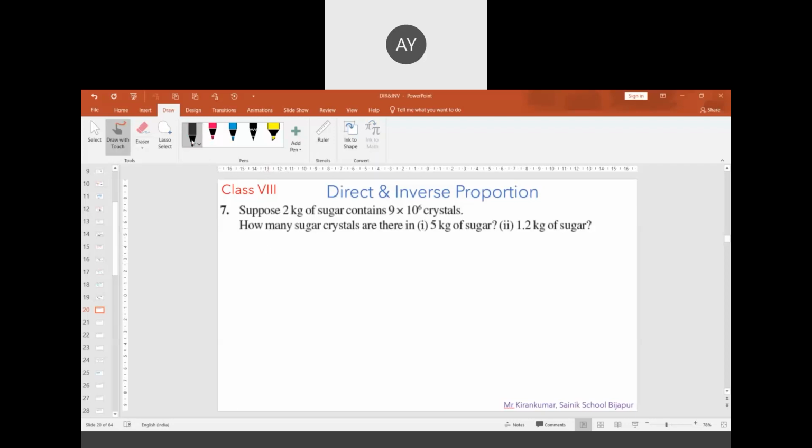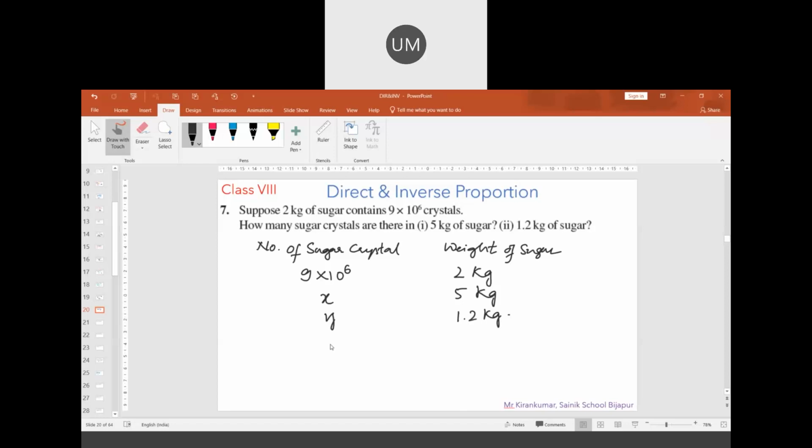If I write this in a tabular form, the weight of the sugar is 2 kg, it is containing 9 into 10 to the power of 6 crystals. Let me take X for 5 kg sugar and Y for 1.2 kg.